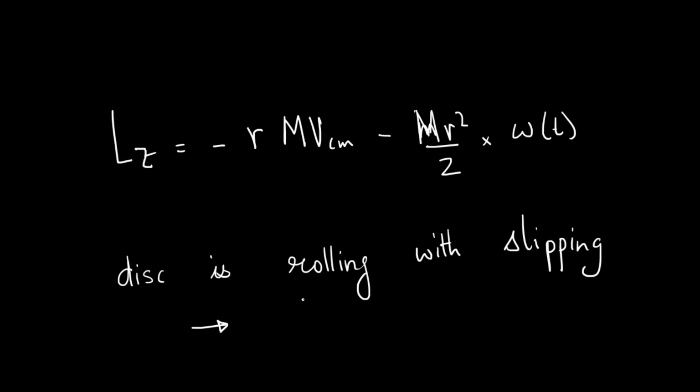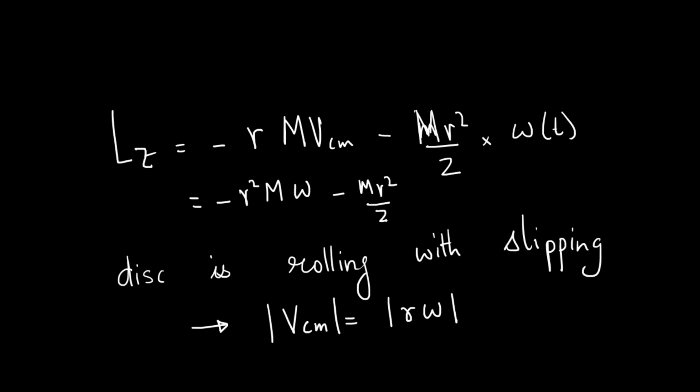This constraint is going to give us a condition that the magnitude of VCM is going to be equal to the magnitude of R omega, and therefore what we're going to end up with is that this is equal to minus R square M omega, and then again minus m r square by 2 omega, and then this is going to be equal to minus 3 by 2 m r square omega.